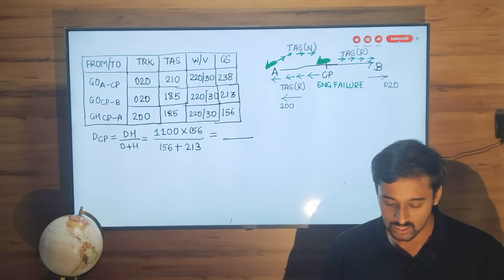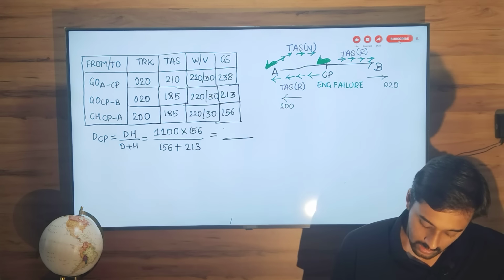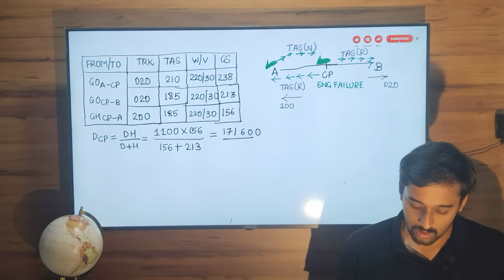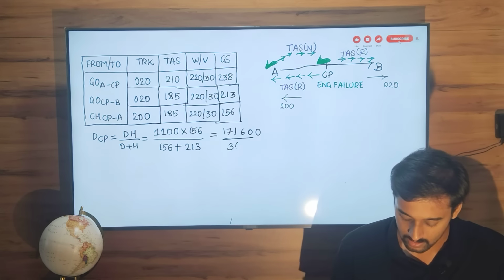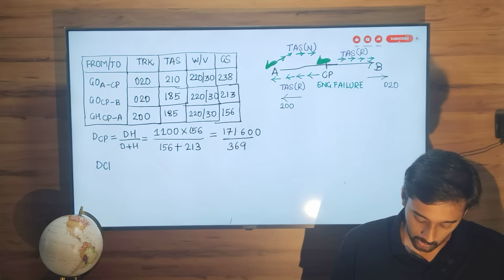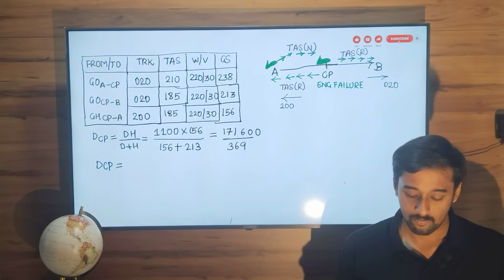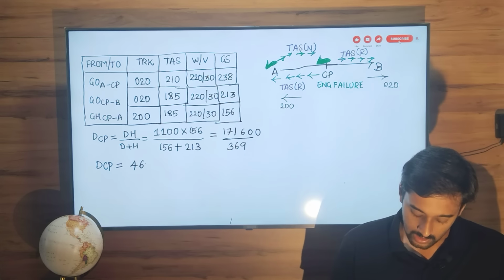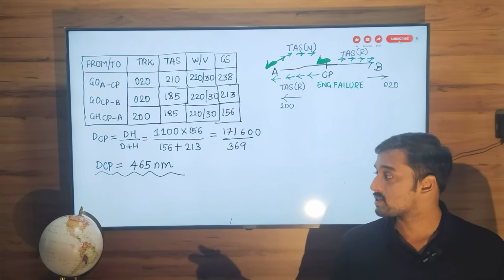So multiply 1100 into 156. That is 171600. 156 plus 213 is 369. So distance to critical point will be 171600 divided by 369. So that is equal to 465 nautical miles. 465 nautical miles.